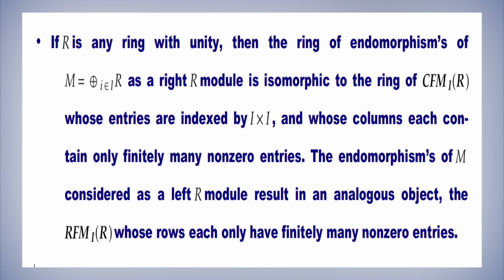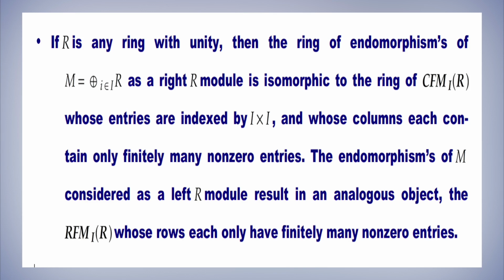If R is any ring with unity, then the ring of endomorphisms of M, the direct sum of R over I, as a right R-module is isomorphic to the ring of column-finite matrices of R over I, whose entries are indexed by I, and whose columns each contain only finitely many non-zero entries.